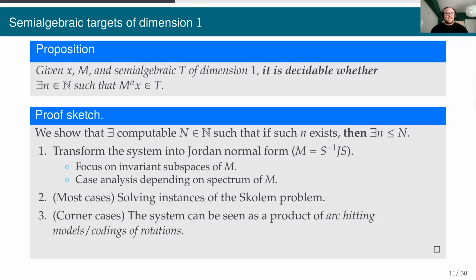So in most cases, we're actually solving instances of the Skolem problem. But there are corner cases where you can actually model the system or hitting the target using codings of rotations. And that's the interesting part, because, well, I'll go into that later on.